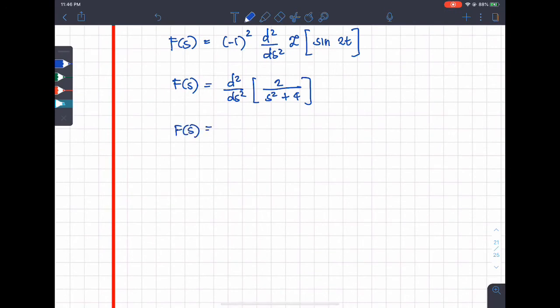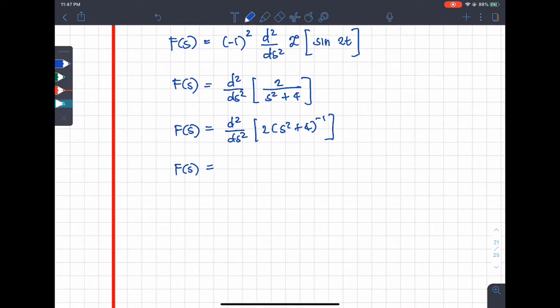So F of s would be the same as the second derivative of the function 2 times s squared plus 4 raised to negative 1. So let's try to find the first derivative.